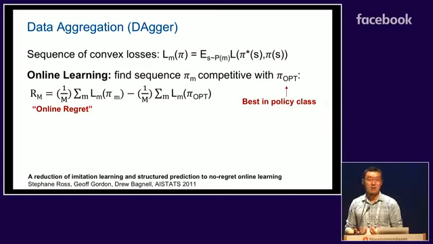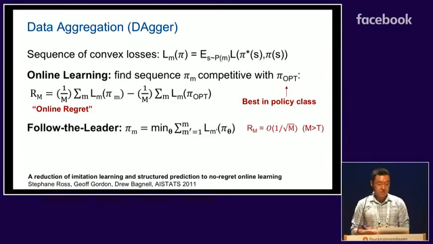This is known as online regret, for those of you who are not familiar with online learning. There's a number of online learning algorithms that one can invoke that are called no regret. One of them is called follow the leader, which basically is the data aggregation algorithm I presented in the previous slide, where you find the pi that minimizes all the loss functions you've seen so far, which is basically the union of all the distributions we've seen so far.